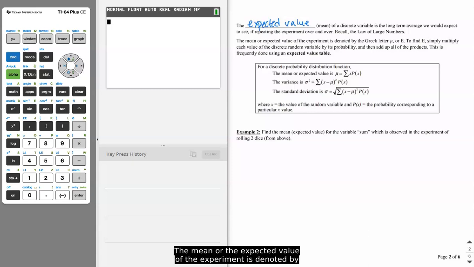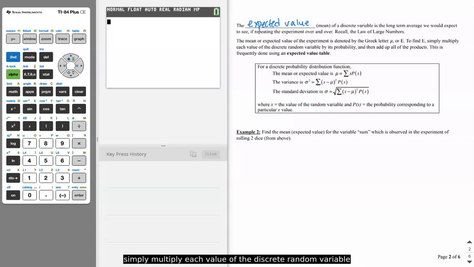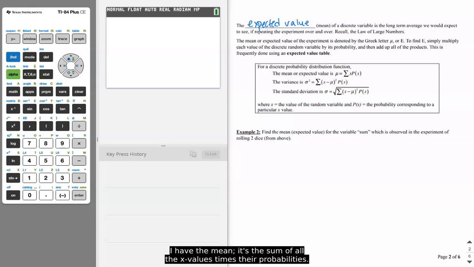So the mean, or the expected value of the experiment, is denoted by the Greek letter mu, or E. To find E, simply multiply each value of the discrete random variable by its probability and then add up all of the products. This is frequently done using an expected value table. So the mean is the sum of all the x values times their probabilities.